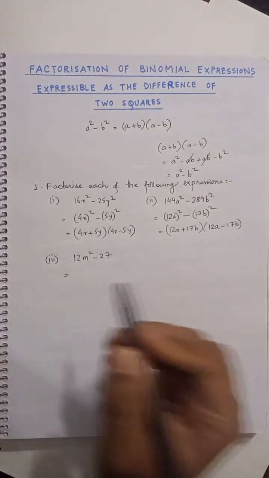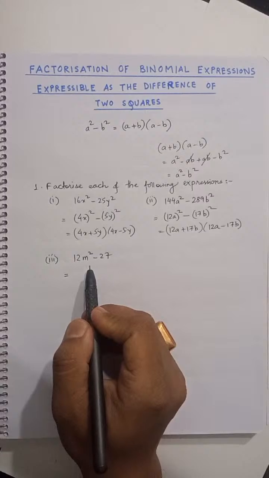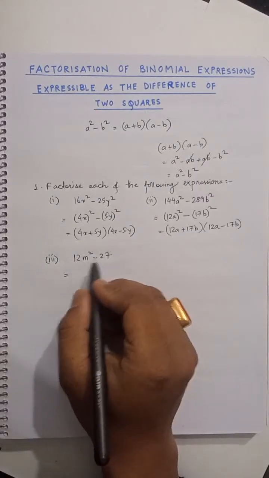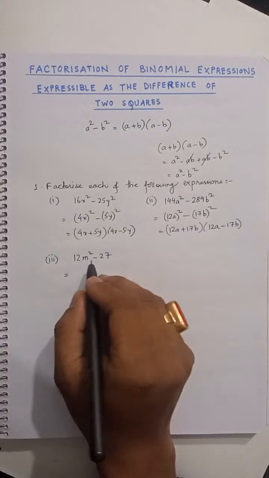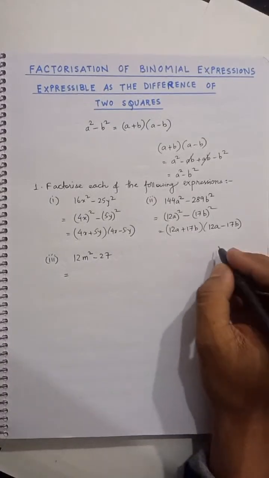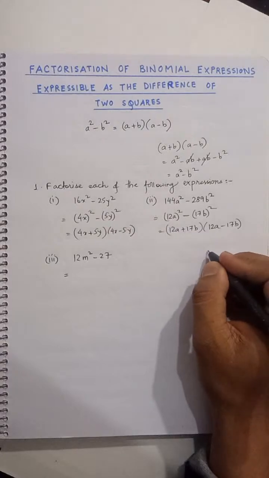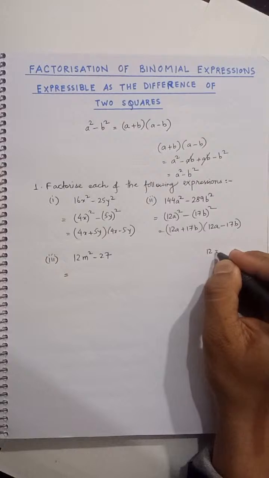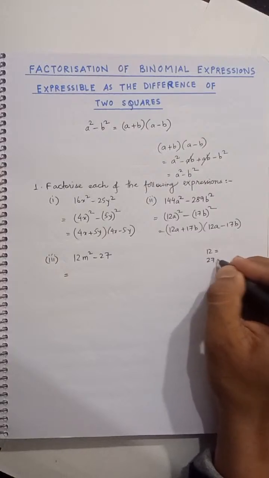In the first stream, I told you how to take out common factors. So 12 and 27. Let's do it first.